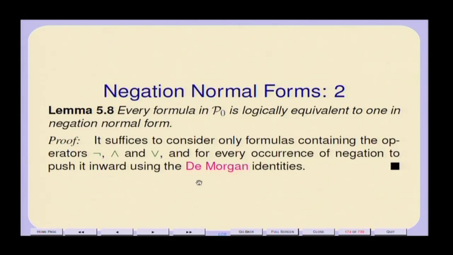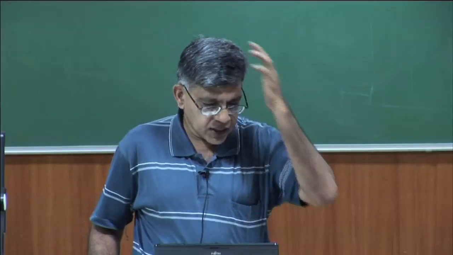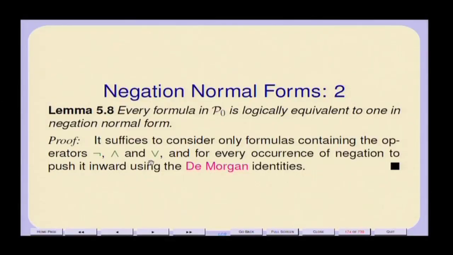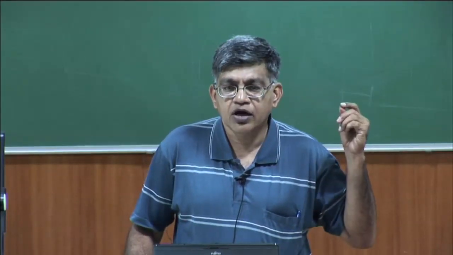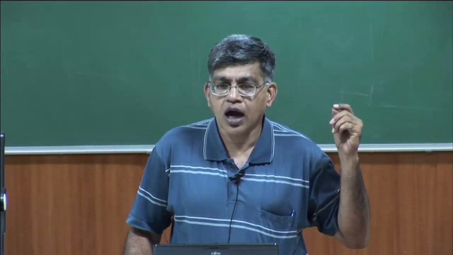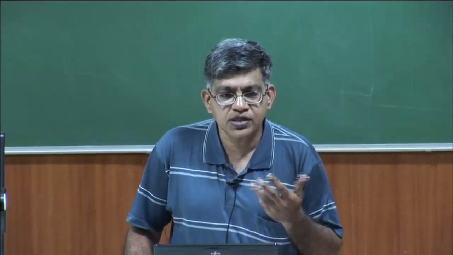But essentially using De Morgan's identities we can take any formula. One thing is we know that not, and, or are an adequate and functionally complete set. So, we just consider formulas only using not, and, or, and wherever not occurs outside somewhere we push it in using De Morgan's laws, and if double negations occur we cancel them out.